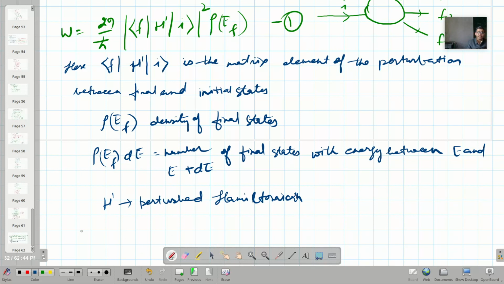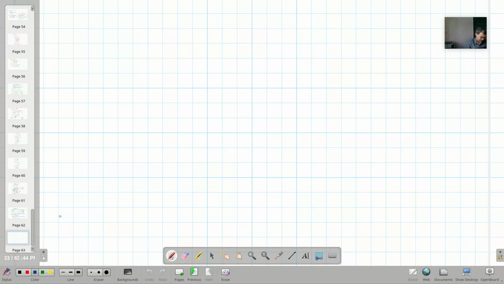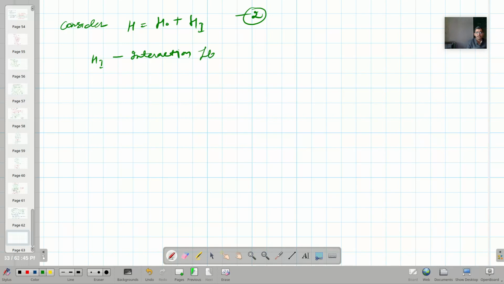So keeping this Fermi golden rule in mind, let us consider H is equal to h naught plus hi, and here hi is the interaction Hamiltonian causing perturbation.